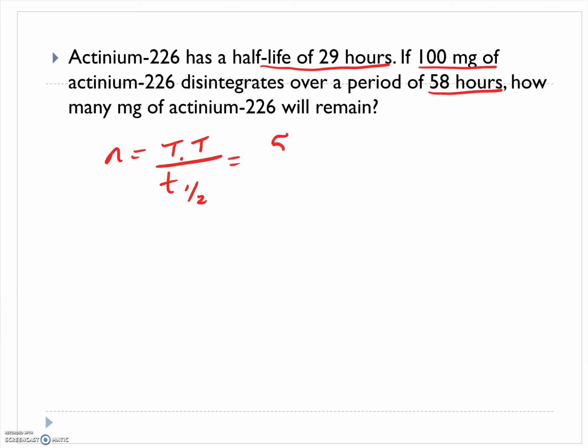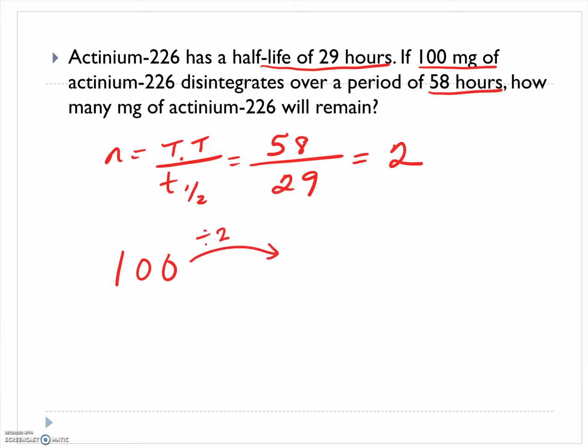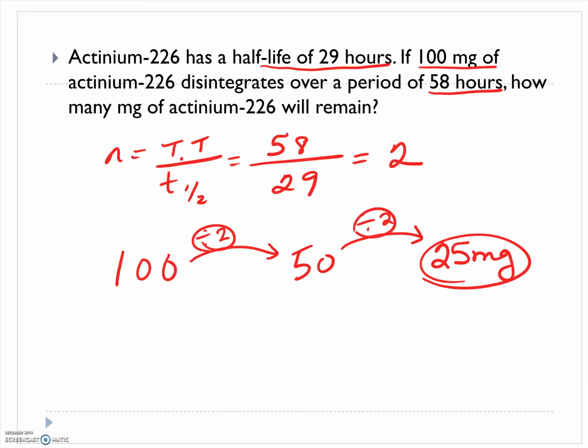So total time, 58 hours, divided by the half-life of 29 hours. 58 divided by 29 is going to be 2 half-lives. So if I'm starting off with 100, divide by 2 is 50. Divide by 2 is 25 grams. There's your 2 half-lives.